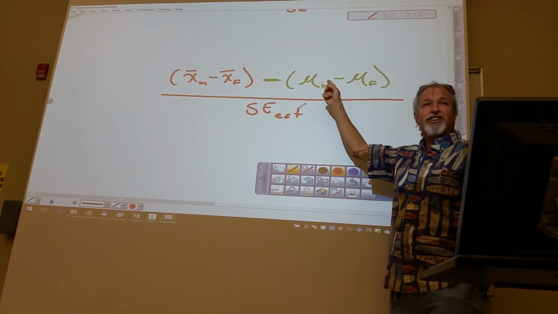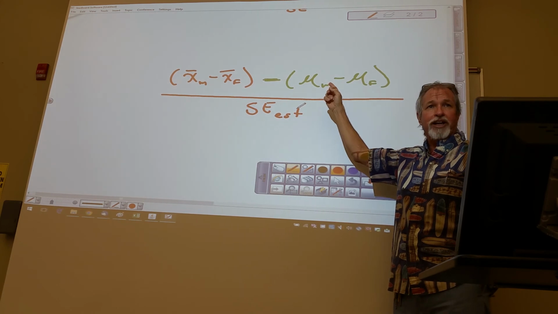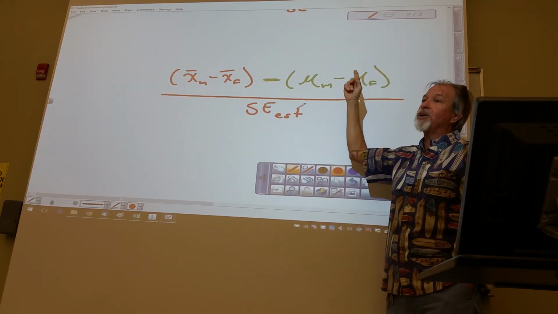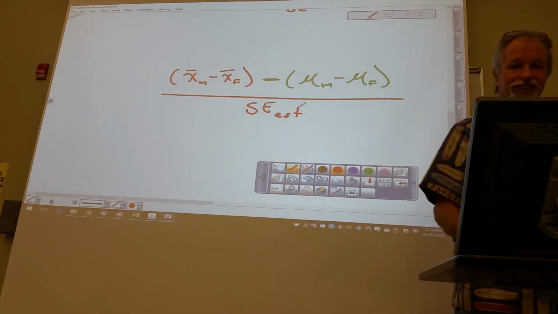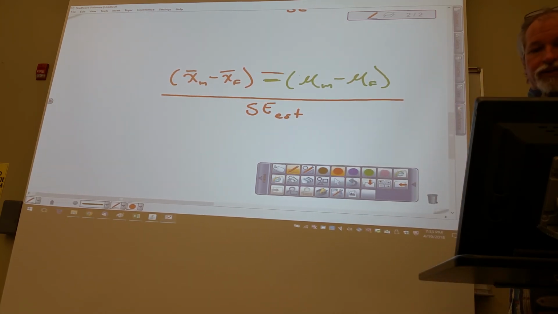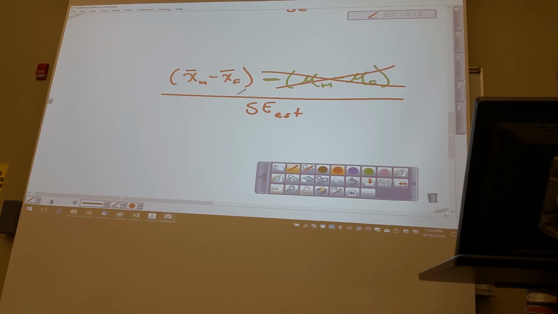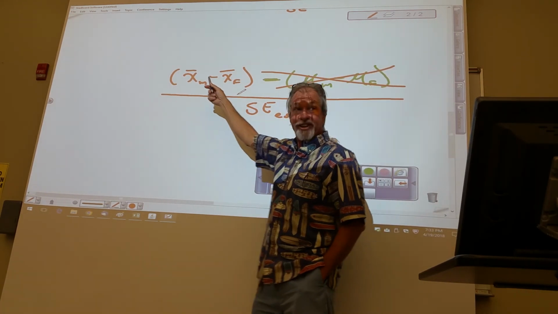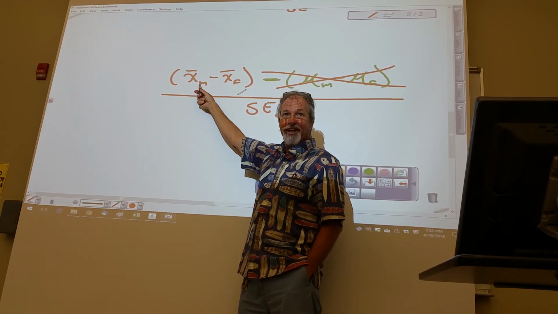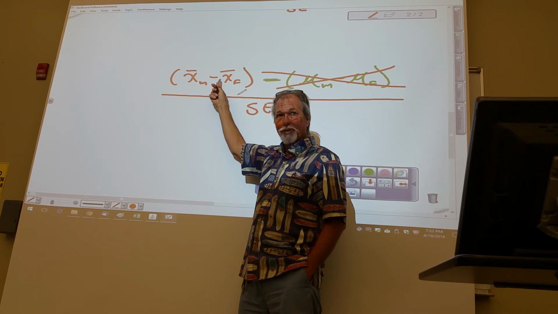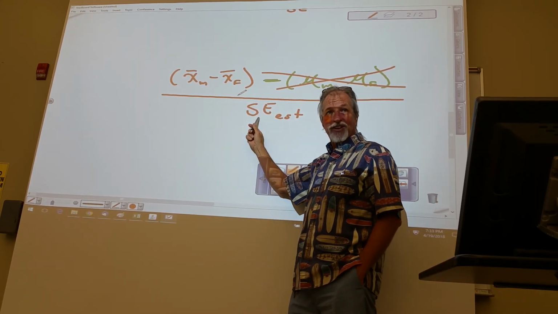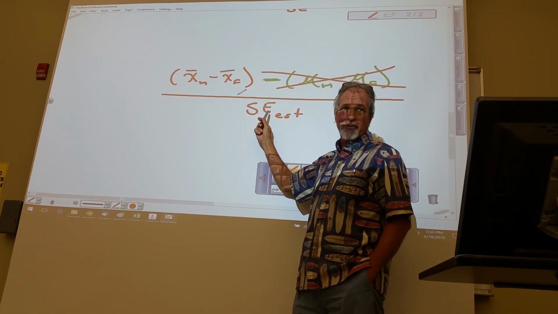We're actually testing to see if there's a difference between them, right? So what would this be equal to? 0. So in essence, I don't even have to worry about that. This is 0. So basically, the test statistic is the mean of one group minus the mean of the other group over the standard error estimate.